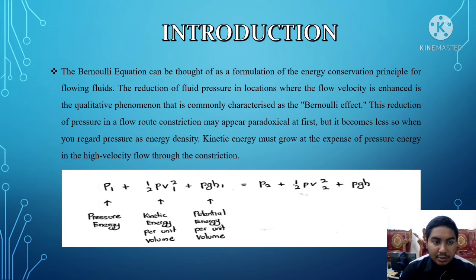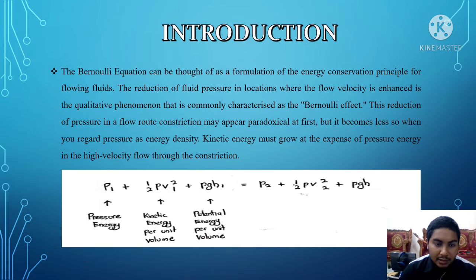This reduction of pressure in a flow constriction may appear paradoxical at first, but it becomes less so when you regard pressure as energy density. Kinetic energy must grow at the expense of pressure energy in the high velocity flow through the constriction.